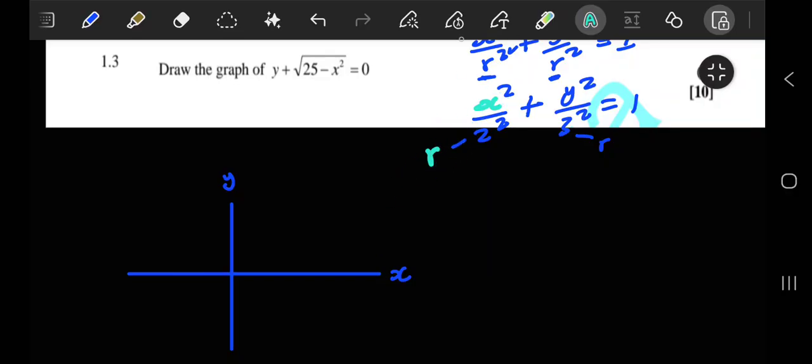This r corresponds with the y, along the y-axis. So r along the x is this distance, and r along the y is this distance, are we together? So that is what we have to determine, then we draw our ellipse.